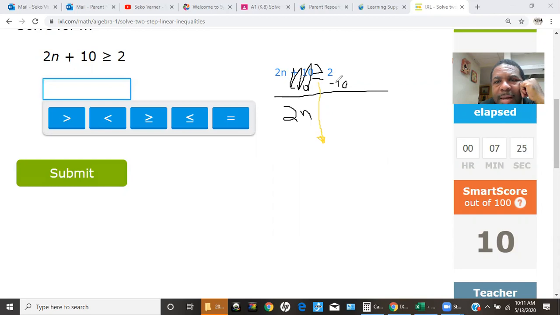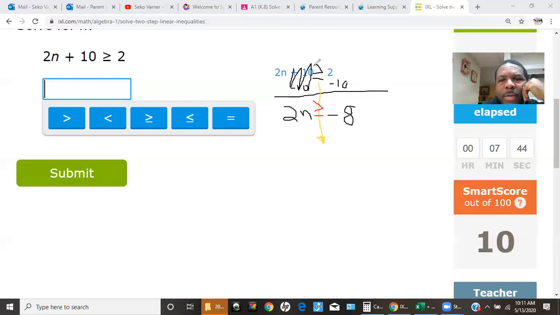And 2 minus 10 is going to give us -8. So we have 2n is greater than or equal to -8.